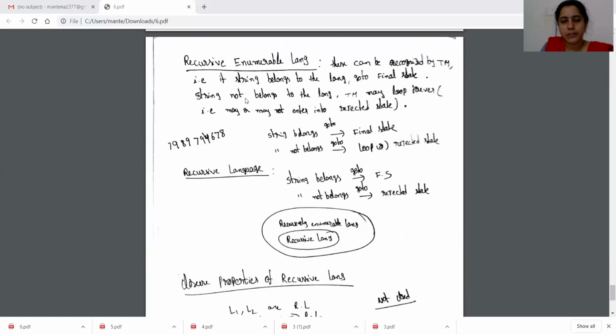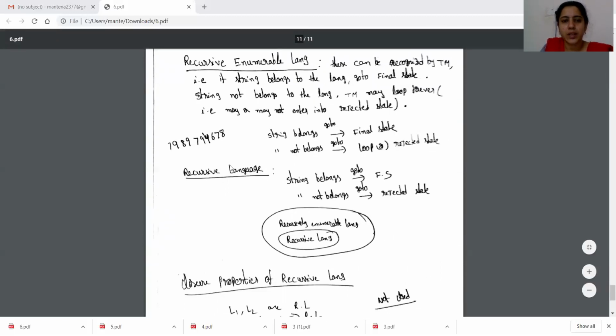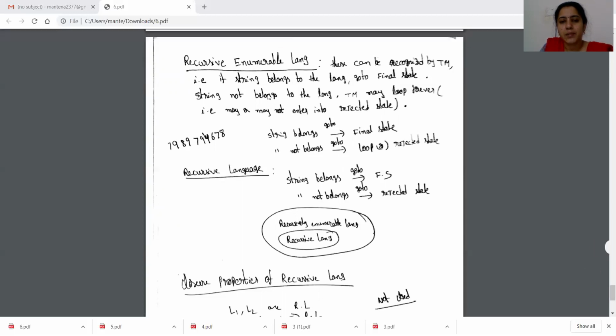There are two types of languages accepted by the Turing machine: recursively enumerable and recursive languages. Which type of languages are recursive languages? It means if a string belongs to the language, then it should go to the final state. If the string does not belong to the language, then it should not go to the final state, meaning it should be rejected.